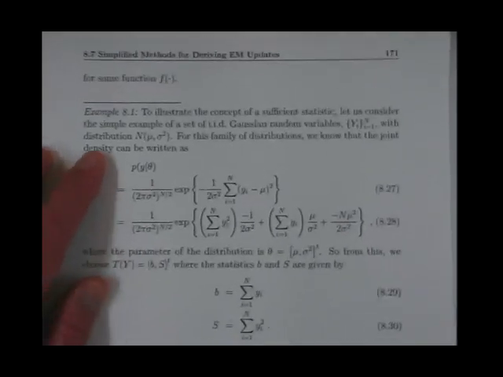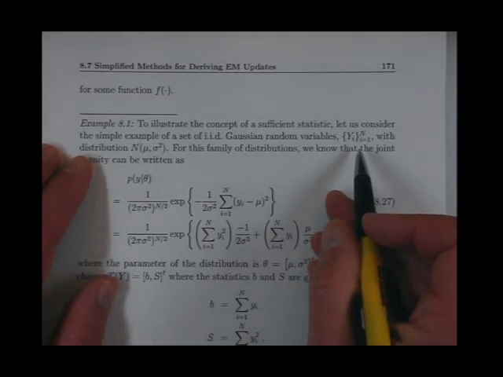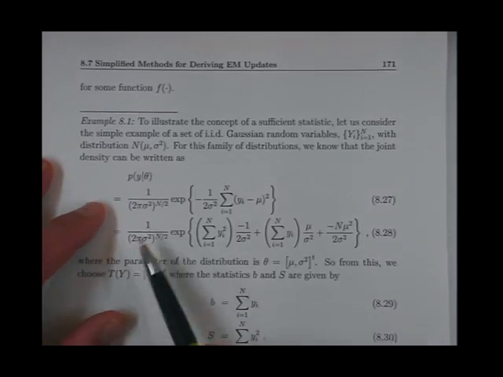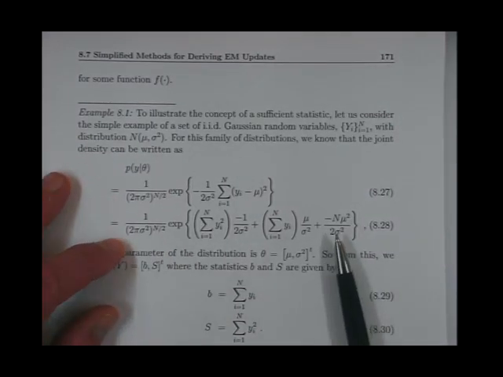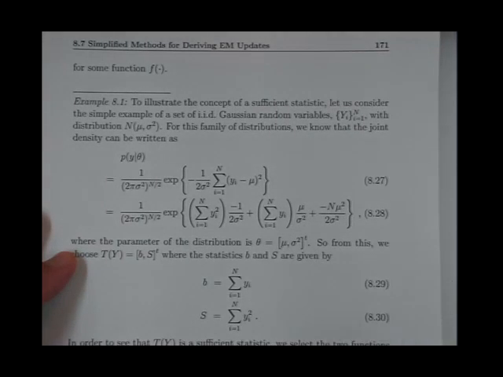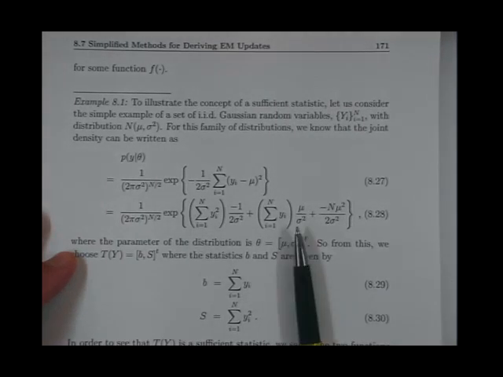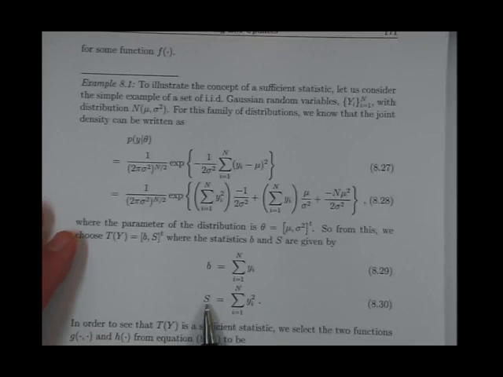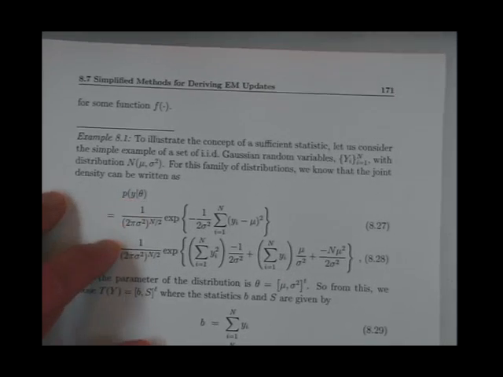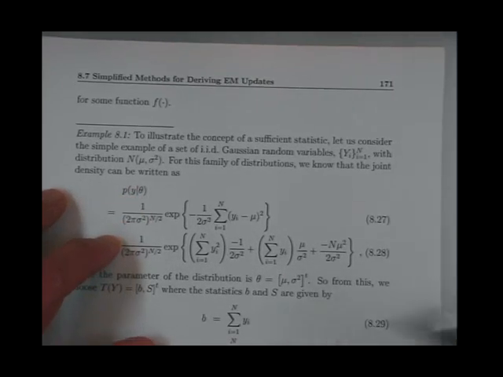Now, here is a specific example. We imagine that we have some IID Gaussian random variables with mean mu and variance sigma. So they're scalar random variables. I can write out the joint distribution of these things, and in this form, you can see that if I define b as the sum of the random variables and f as the sum of the square of the random variables, then the distribution of y and theta is a function of these two quantities.